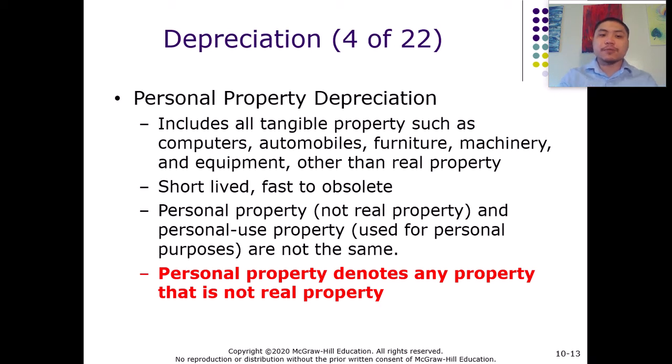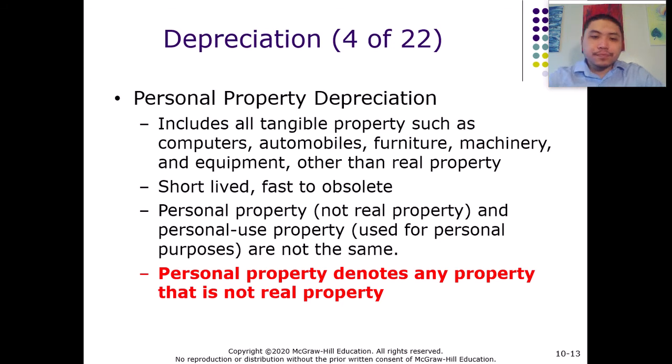I don't know why they call it personal, you know, they could call it something else, but they call it personal property just to differentiate between real properties and all other properties, right? So again, I just want to stress that personal property here means all tangible properties except for real properties, and real properties mean buildings, warehouses, those kinds of things, right?